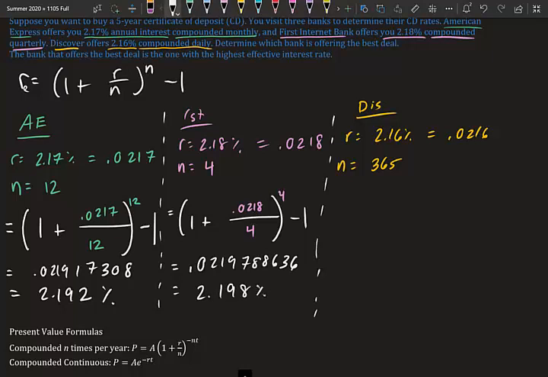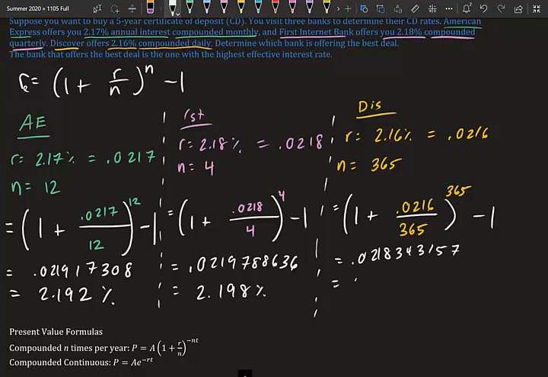Alright, next we do Discover, so same thing. We have 1 plus our rate of 0.0216 over n, which is 365, to the power of n, so 365, all minus 1. We plug that into our handy dandy calculator, and we get the rate is 0.0218343157, which in decimal form is 2.183%.